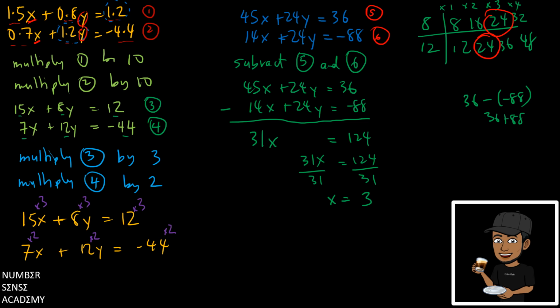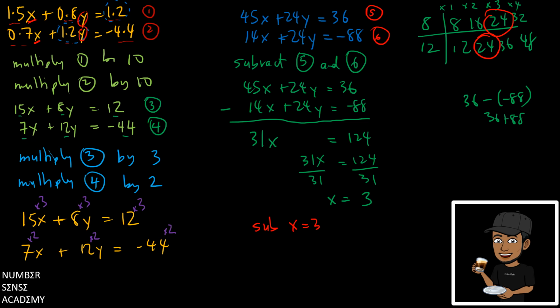Okay, and now I'm going to sub x equals 3 in the easiest equation. At this point, I would say stay away from the decimals. Don't want to fall into that trap. Just deal with the whole numbers. So, which one looks the best? They all look terrible, but I'm going to avoid this big negative 44.